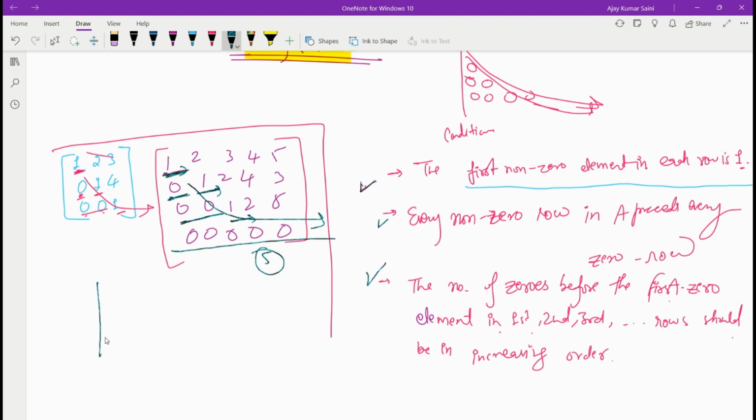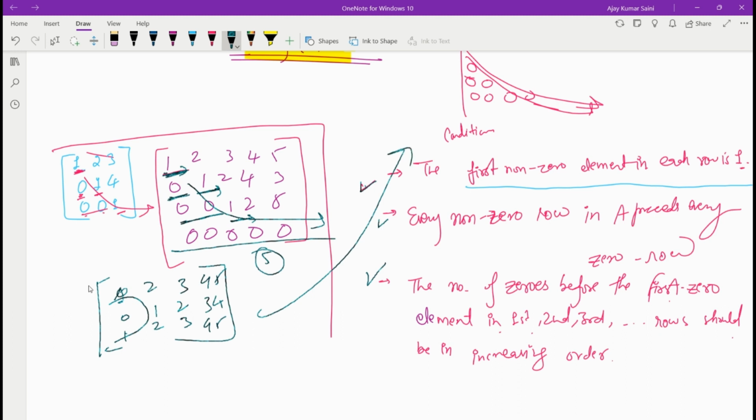If I take another matrix, 1 2 3 4 5, 0 1 2 3 4, and 1 2 3 4 5, this does not come under this. Because it also starts with 1, but the zeros decrease here. I also take another example: 1 2 3 4 5, 0 1 2 3 4, 0 0 2 3 4.